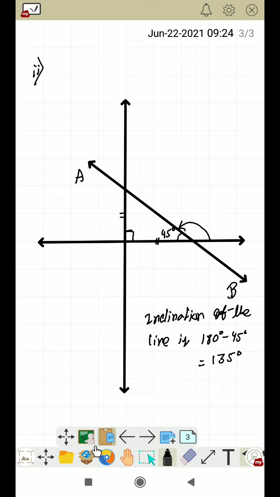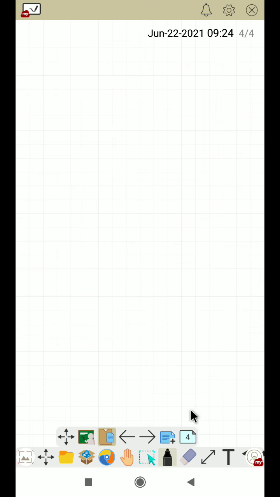Now go to the next one, question number 2. Here it asks, write the inclination of the line which is parallel to the x-axis.